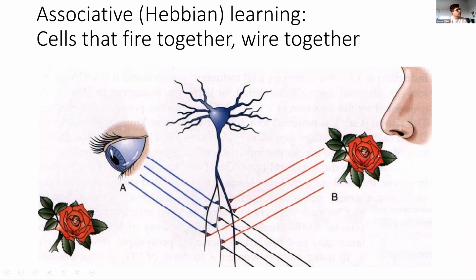So you can have an association of very different senses to come up with a conception, because this neuron is ultimately going to feed into the next thing. When this neuron fires, the next neuron doesn't necessarily know if it's because of you smelling the rose or seeing the rose. It just knows that a rose neuron has been activated, right? So this allows you to have a conception in your head of a thing, regardless of how you might have gotten to that thing, if that makes sense.